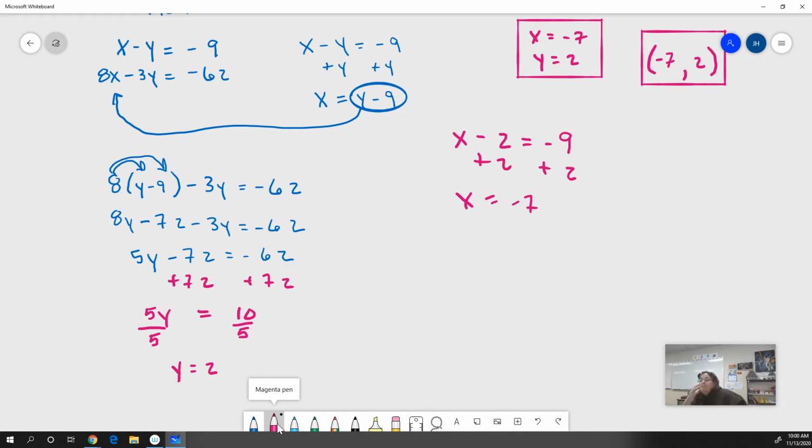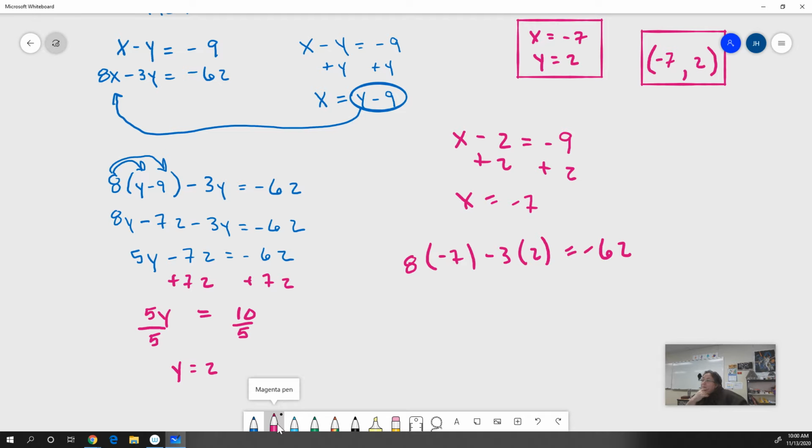The cool thing about systems of equations is you can always check and see if you're right. Like we know on this one, the first equation, that we're right because we used it to find the solution. But we could also go, well, 8x, well, that's negative 7, minus 3y, well, that's 2, equals negative 62.